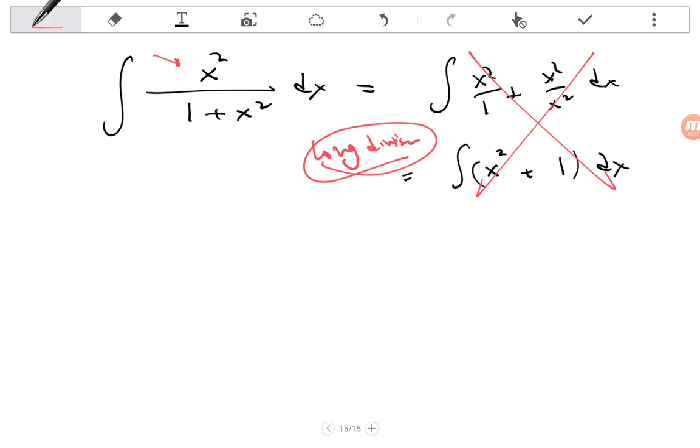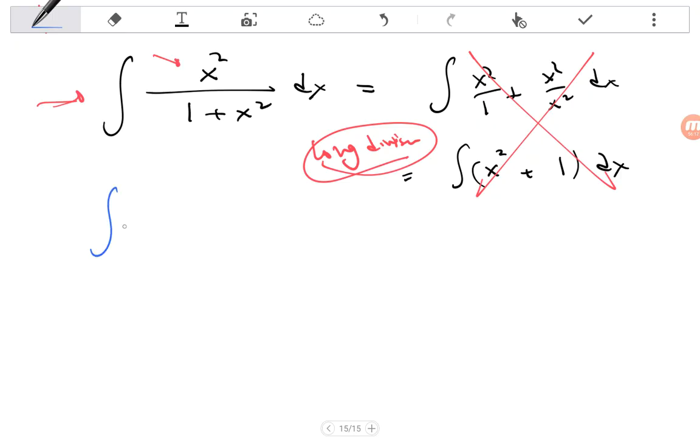Whenever I have the degree of the above greater than or equal to the degree of the below. Okay? But just in this case, especially in this case, we can make a trick.